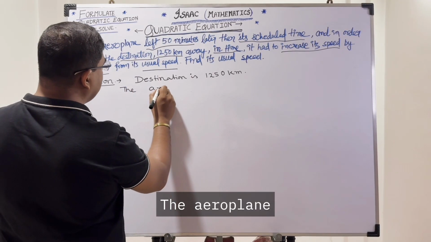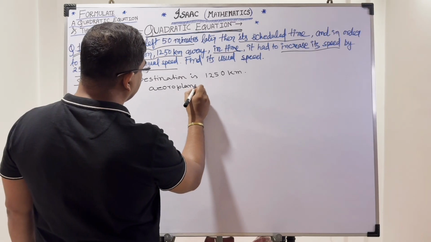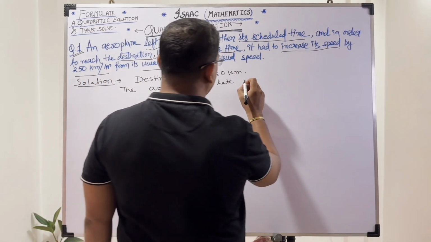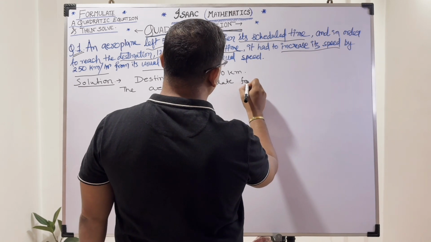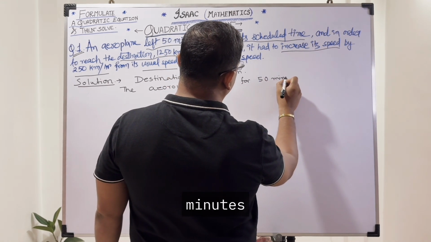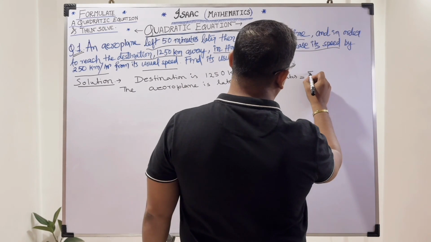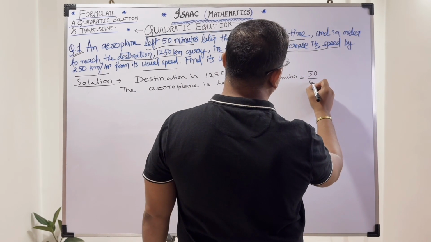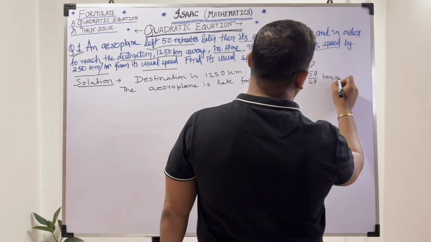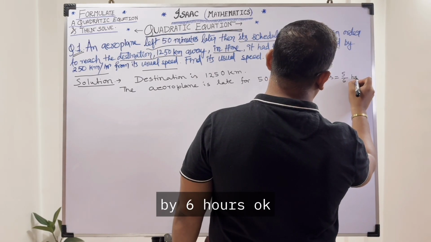The aeroplane is late for 50 minutes. That is equals to 50 by 60 hours, equals to 5 by 6 hours.